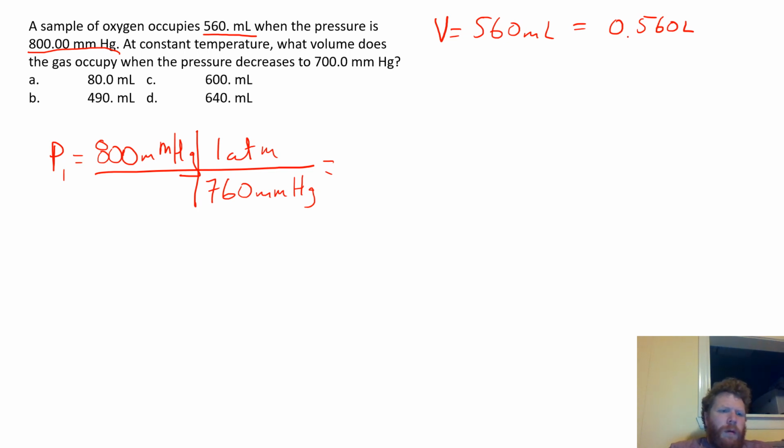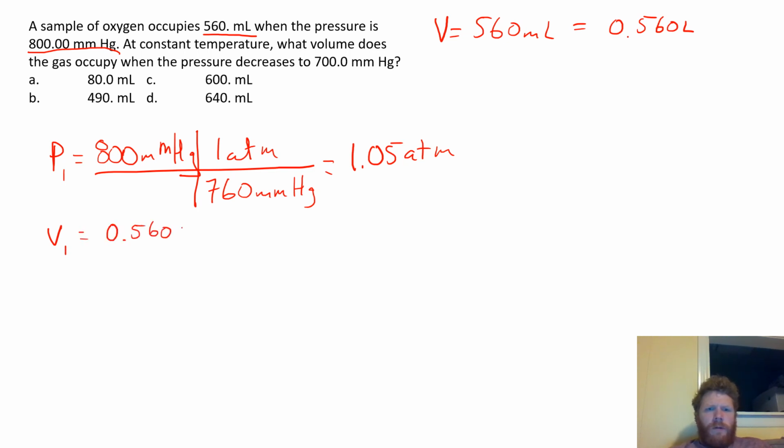Calculator, 800 divided by 760 equals a pressure of 1.05 atm. Our volume number 1 is what we defined earlier, 0.560 liters. At constant temperature, so our temperature doesn't change. However, our volume does.